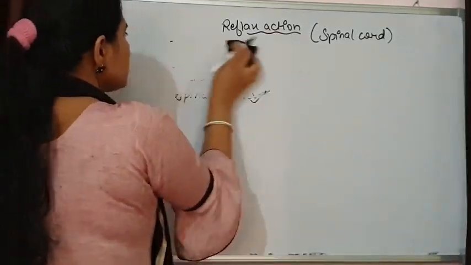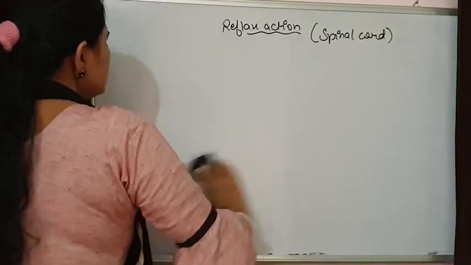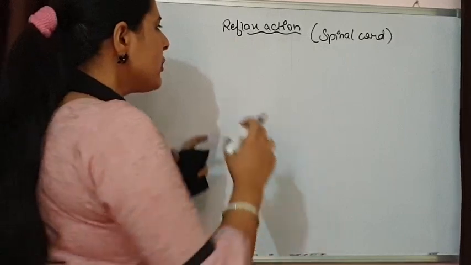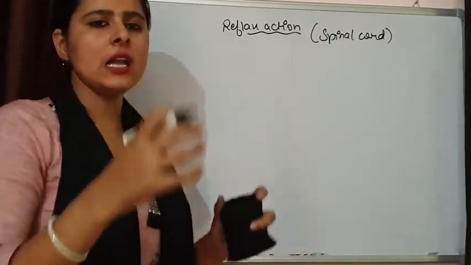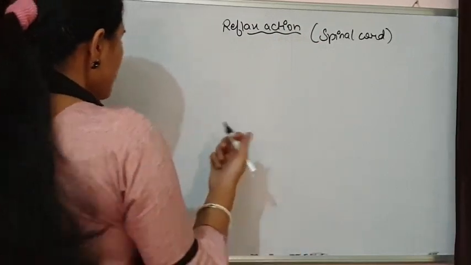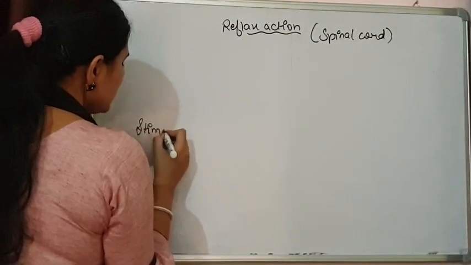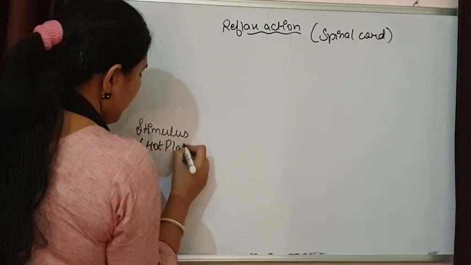So let's discuss how a reflex arc is formed. I am drawing a very simple reflex arc in a sequential manner. To start with the reflex action, or you can say reflex arc, we need a stimulus. Suppose my stimulus is a hot plate. So there is a stimulus that is present, and this stimulus is a hot plate.